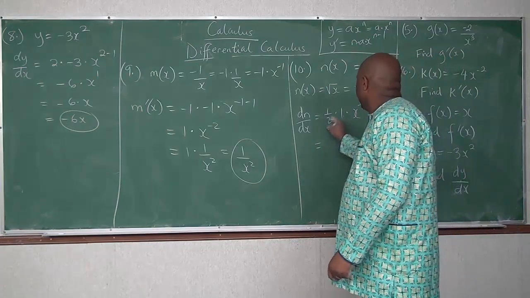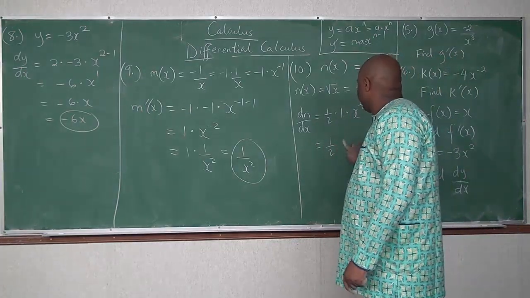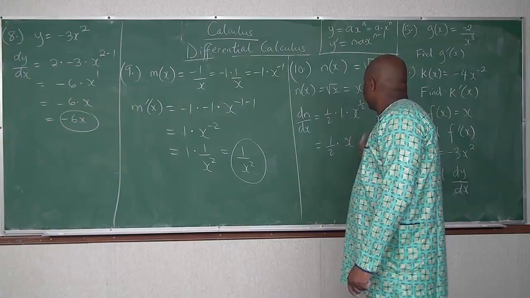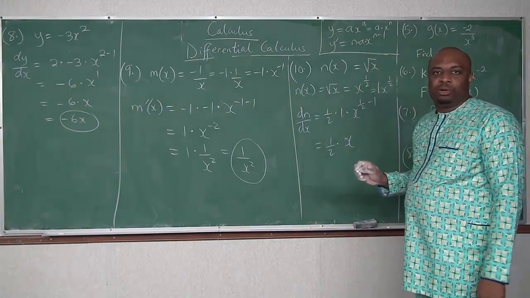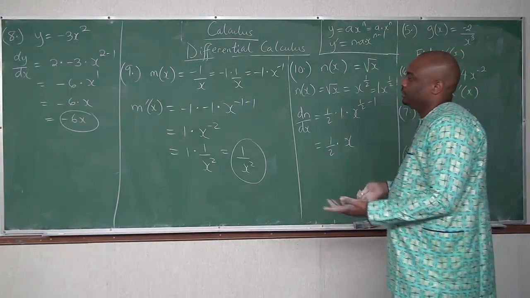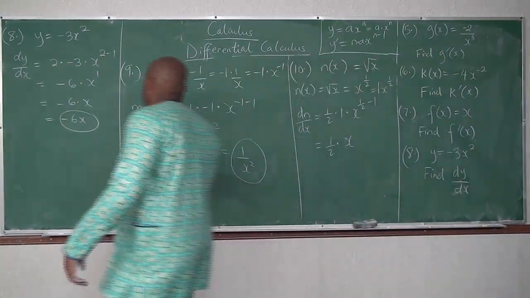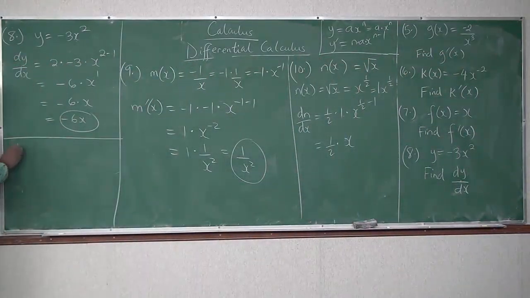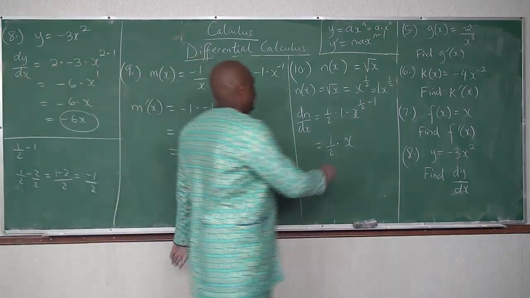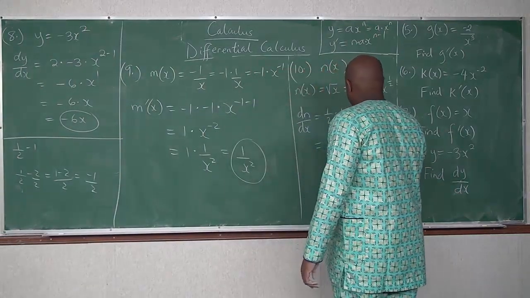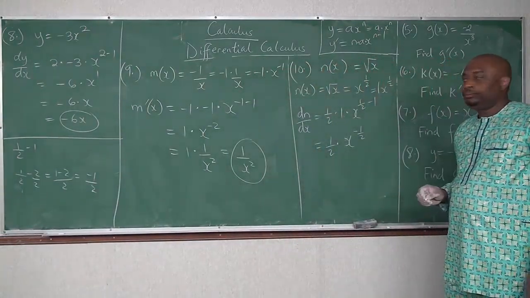So this will be 1/2 times 1, which is 1/2, times x to the 1/2 minus 1. Of course, you do fractions. 1/2 minus 1 is what? Okay, this is 1/2 minus 2/2, which is minus 1/2. Fractions are important. Negative 1/2.